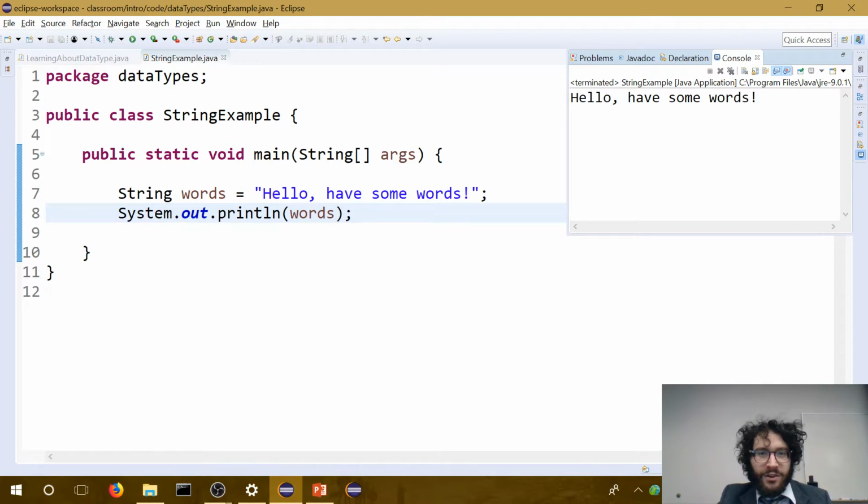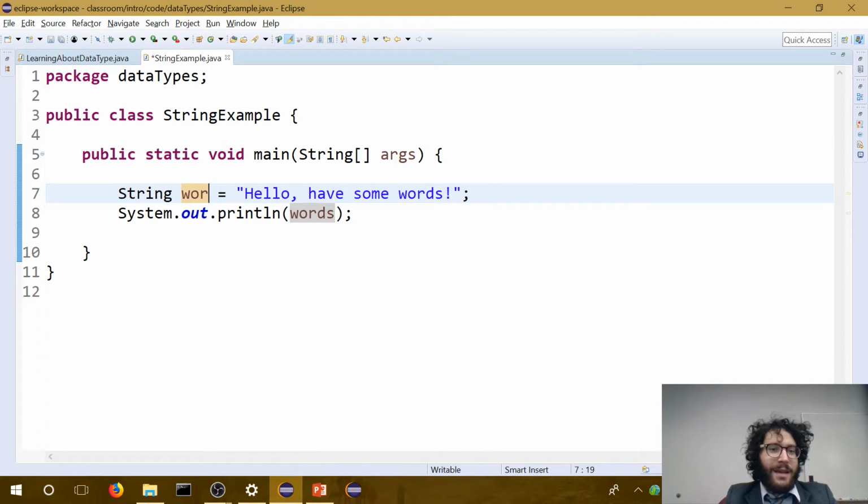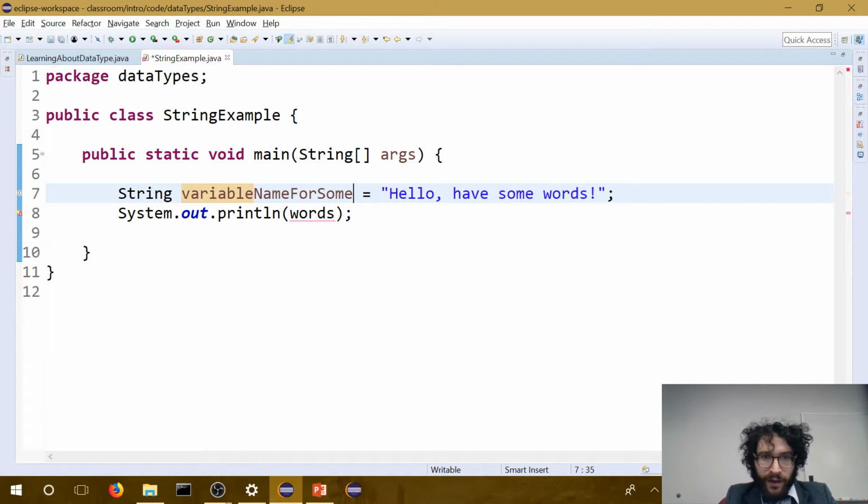Now, what we do in Java is that if I wanted my variable name to be multiple words, like my words, I do what's called camel case, which is basically anytime I have a new word in my variable name, I make every letter that starts a new word a capital letter.